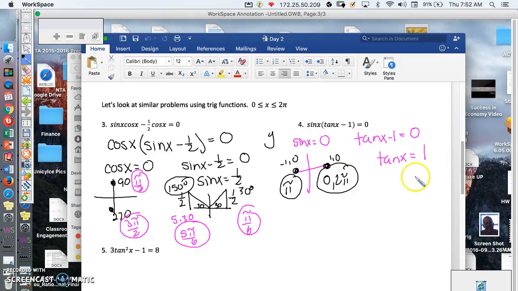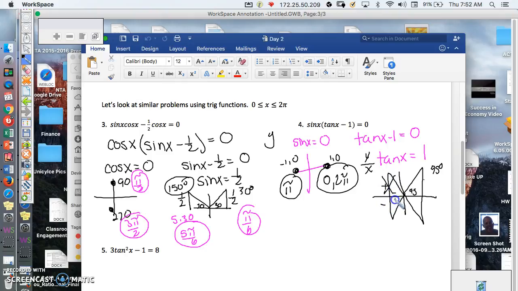And then where does the tangent equal 1? Well, that means our y over x, the opposite over adjacent, have to be the same. So that's got to be a 45 triangle. And then I've got to figure out which quadrants. Well, this would be a positive and a positive, so it has to be this one. This would be a negative and a positive, so it's not that one.